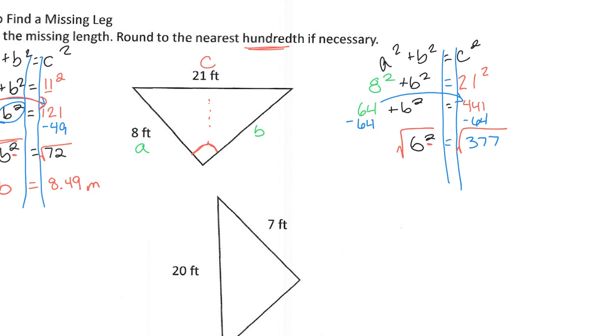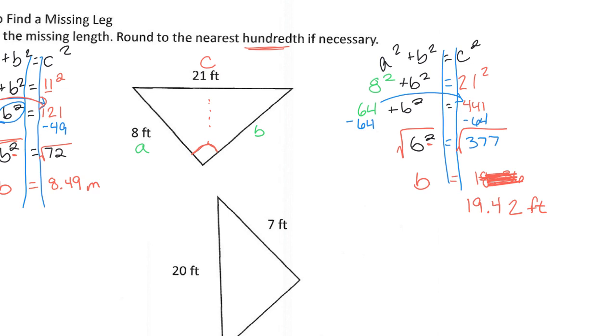So let's find the square root of 377. And that is, when you round it, 18.36. Oh, nope, that's wrong, Miss Myers. I did 337. The square root of 377 is 19.4. Ignore that. 19.42, I would say. And this is feet. So 19.42 feet.